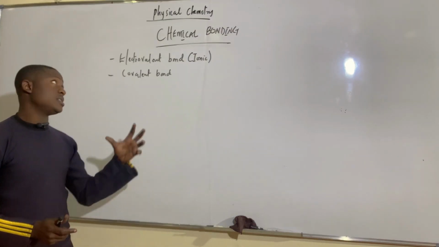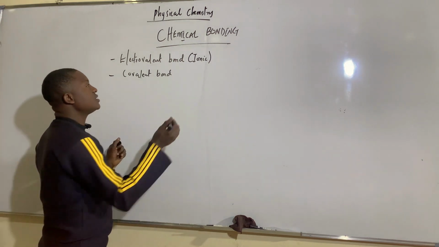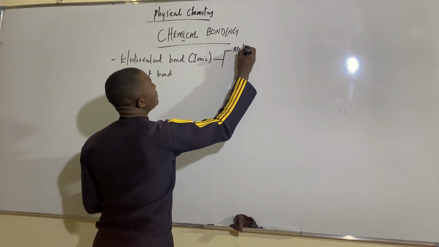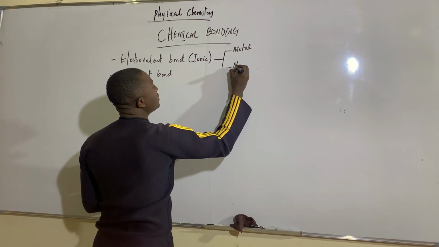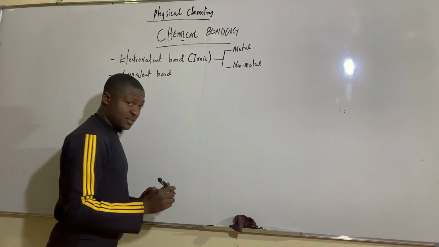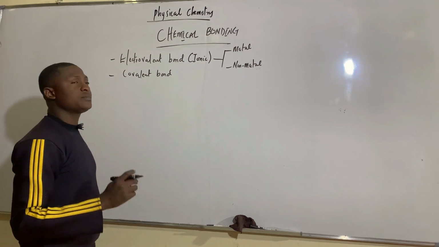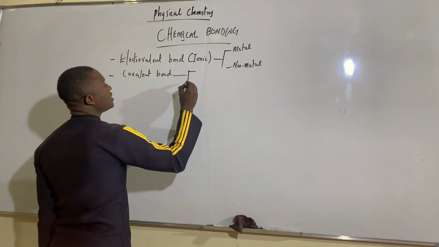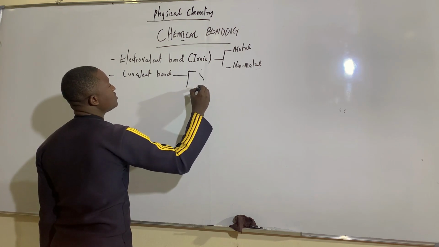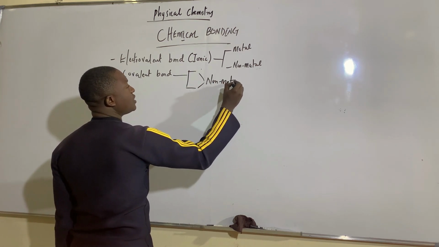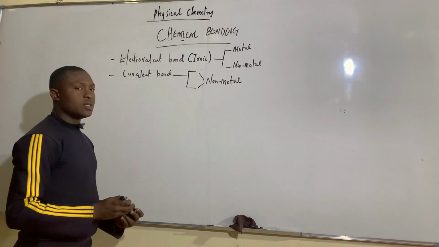In any case, under the electrovalent bond, one must be a metal, the one that will give out electrons, and the other one has to be a non-metal. So when we have these situations, that one is what we call electrovalent bonding. But the other one is just pairing and sharing. So the two of them have to be non-metals. If they are non-metals, they will just pair and share the electrons.